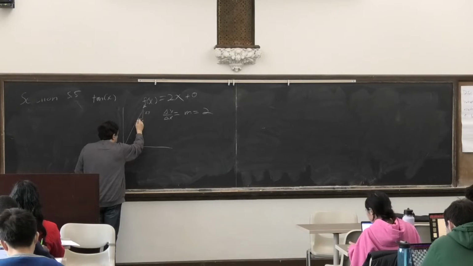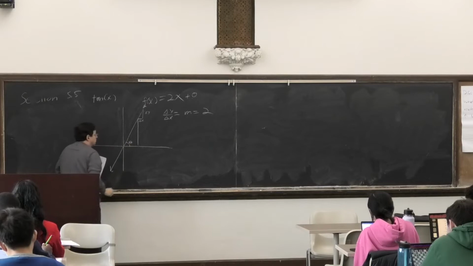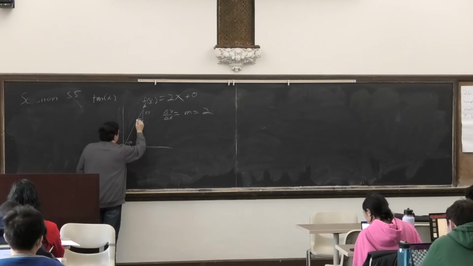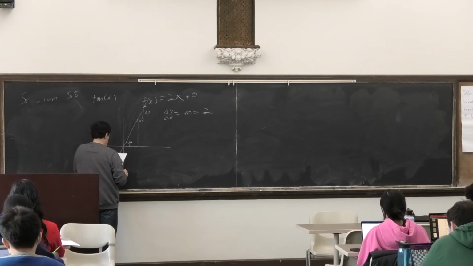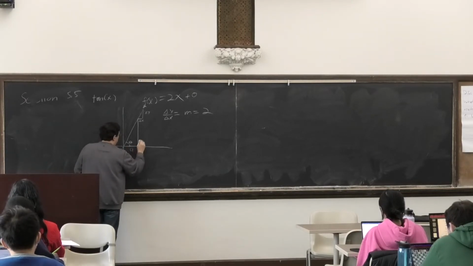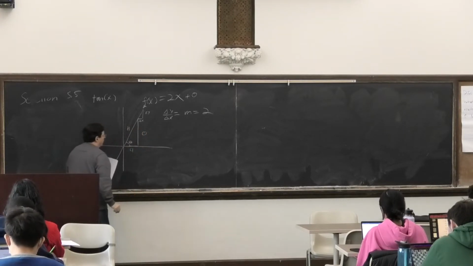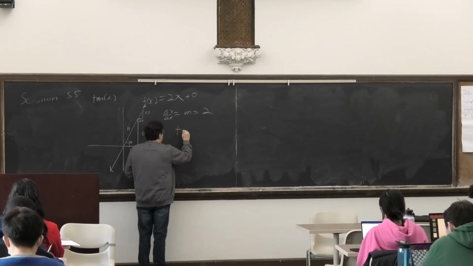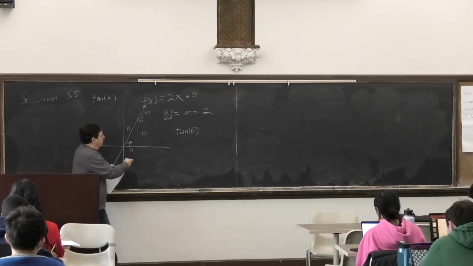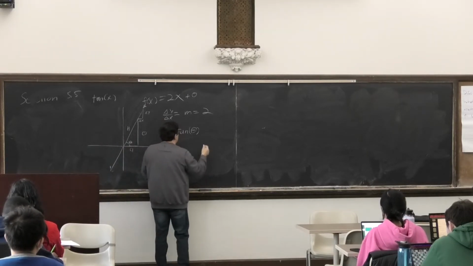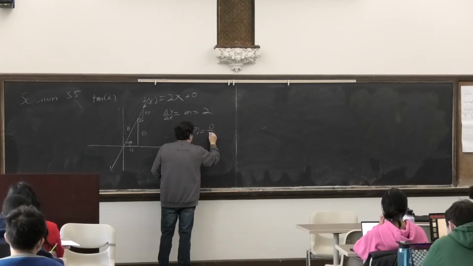Now we look at the angle here, theta, and we draw a triangle here. We have the adjacent side, the opposite side, and the hypotenuse. By definition, the tangent of theta is the sine over the cosine, so it's the opposite over the adjacent.